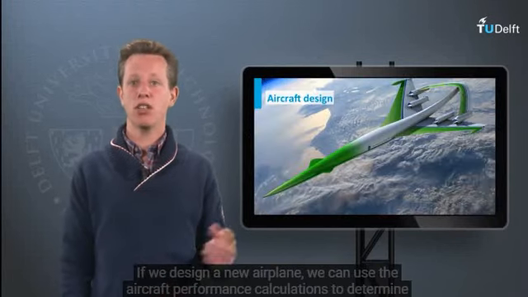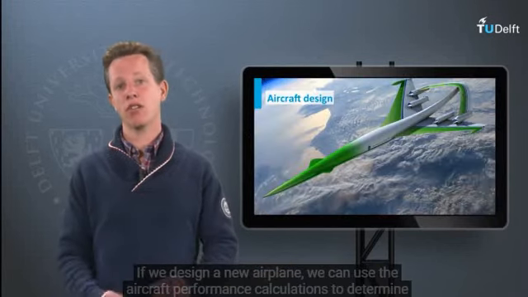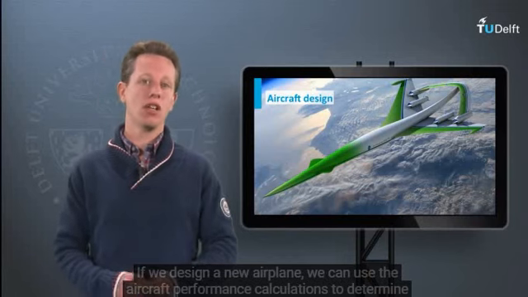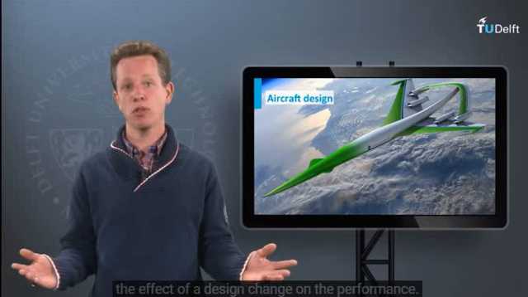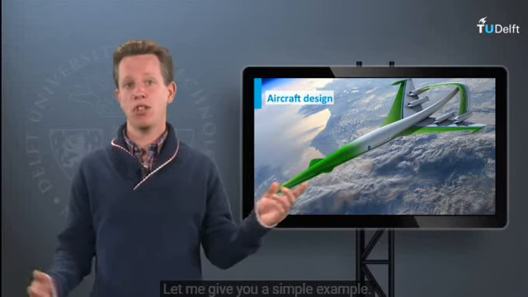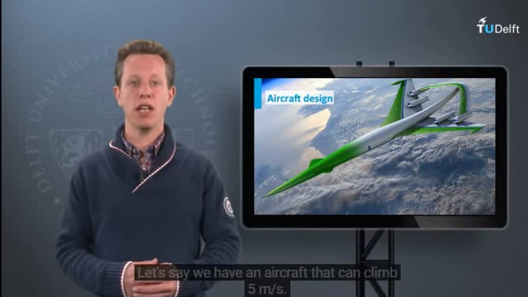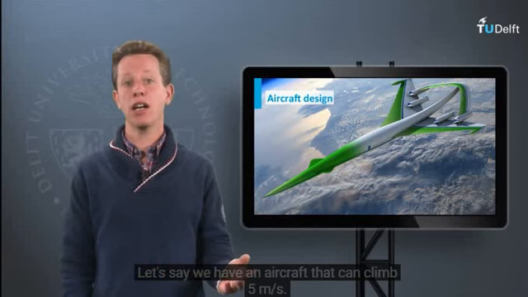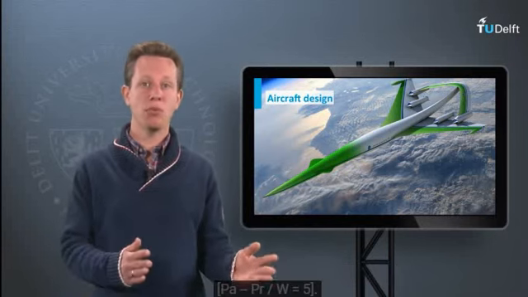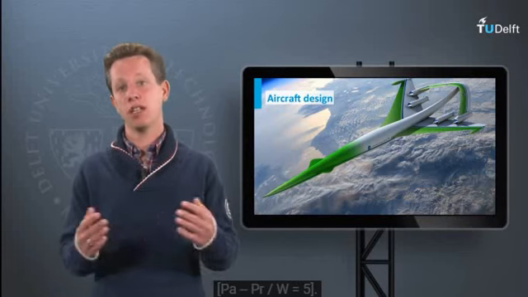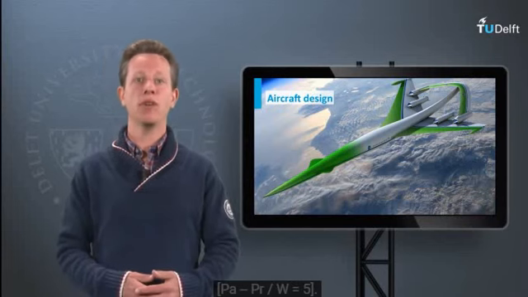If we design a new airplane, we can use the aircraft performance calculations to determine the effect of a design change on the aircraft performance. Now, let me give you one simple example. Let's say we have an aircraft that can climb at 5 meters per second, where the excess power, power available minus power required, divided by the aircraft weight equals 5.